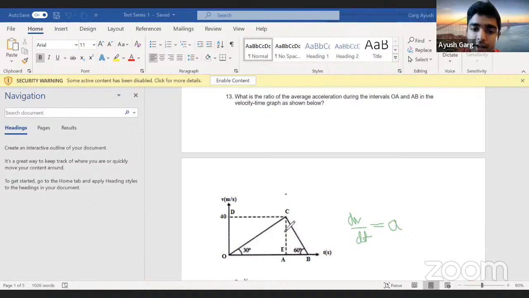So you can find out the acceleration of this by taking perpendicular upon base, which is nothing but 40 meters per second upon this. Now, this length has not been given to you. So how do you really find a ratio of those accelerations? Okay, let's look into it.